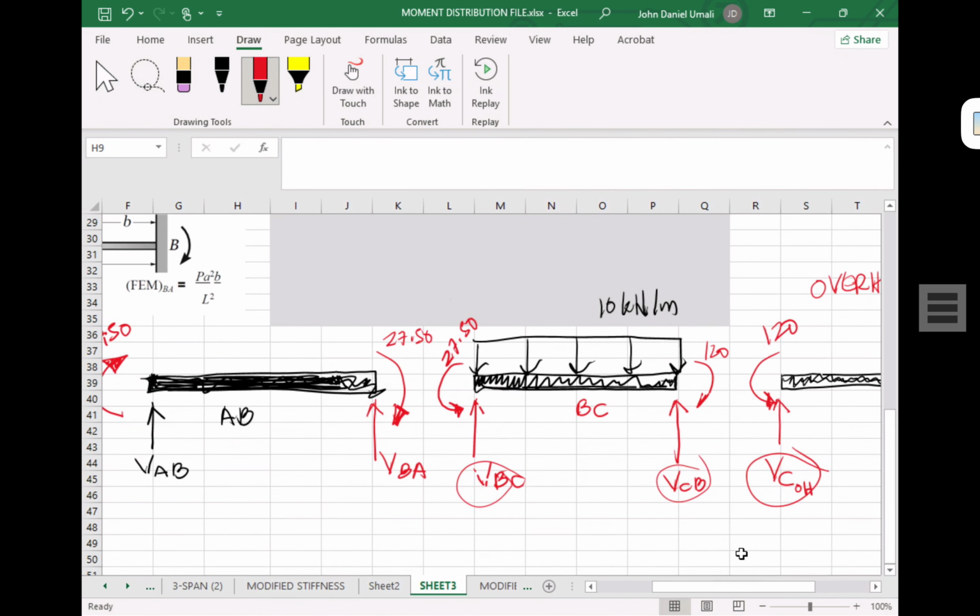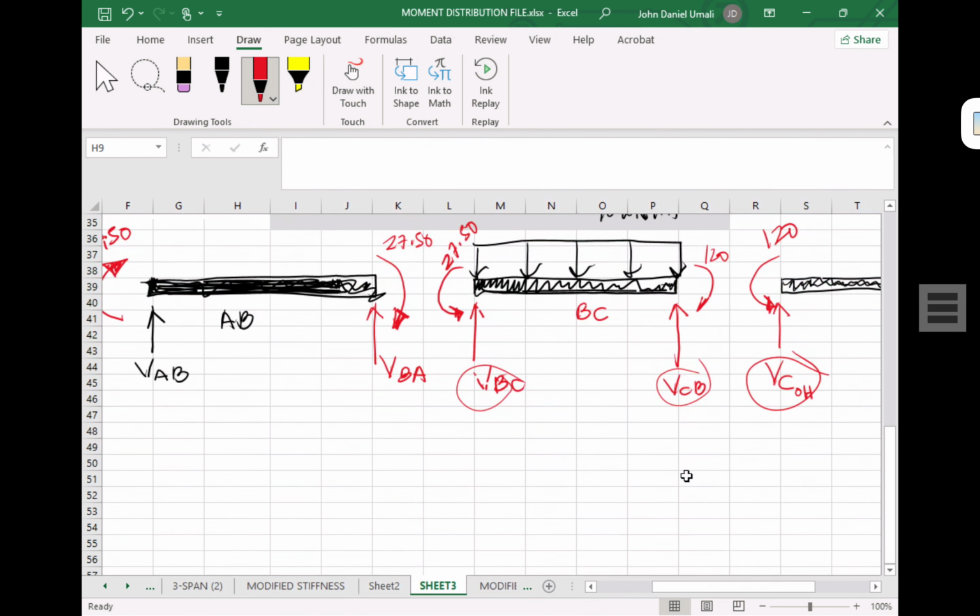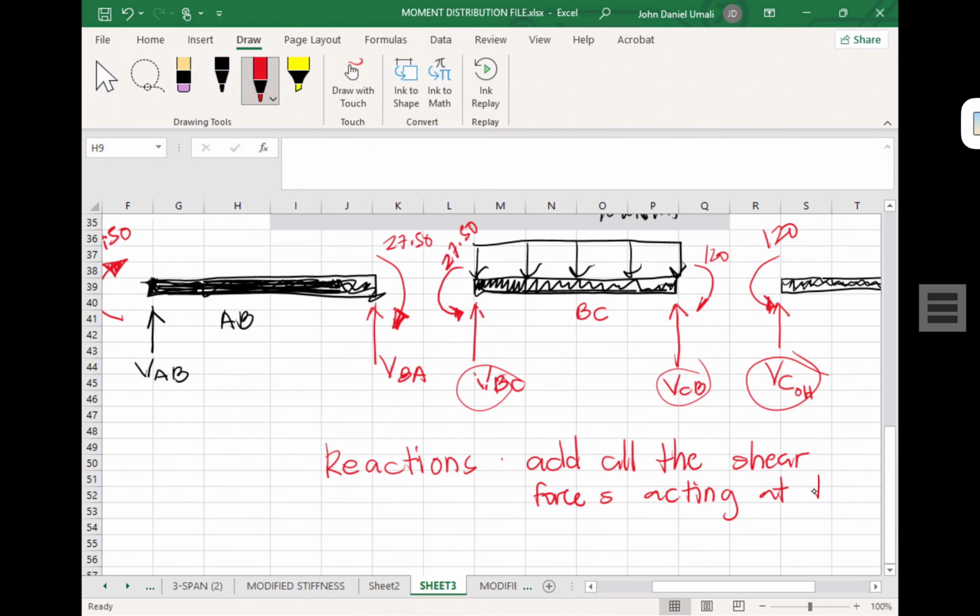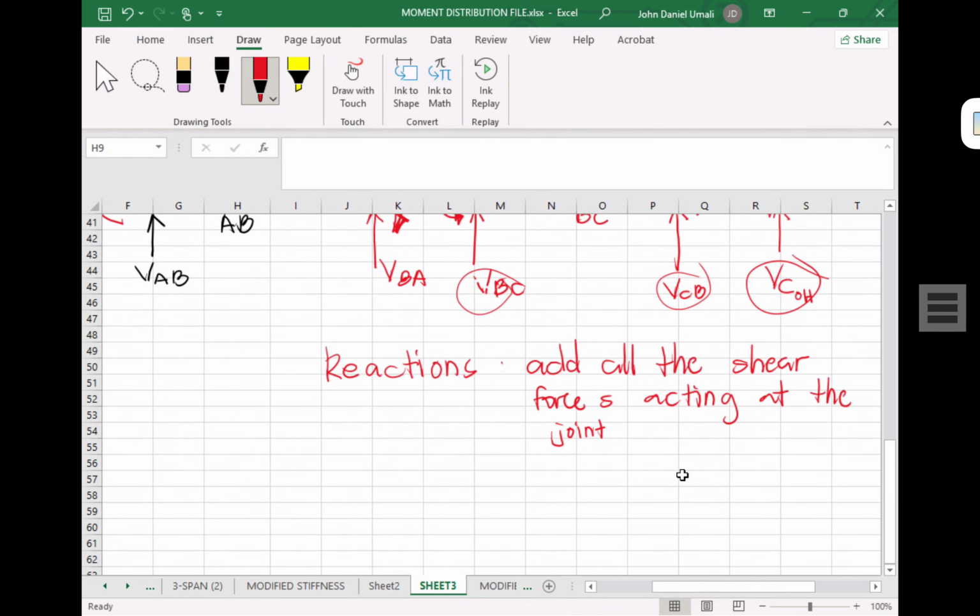Okay? So again, the reactions. You just add all the shear forces acting at the joint. So reaction A is ano yung mga shear force na nag-act sa joint A?